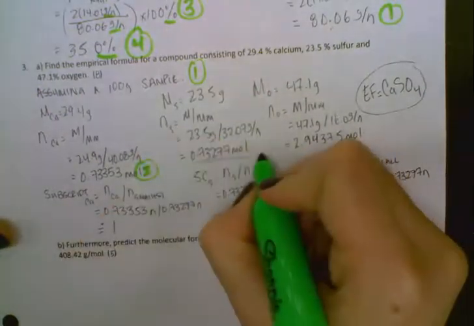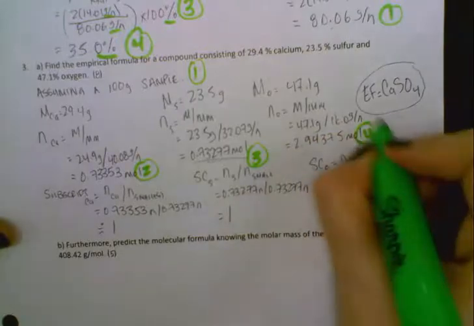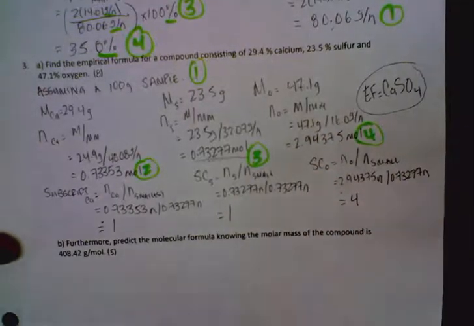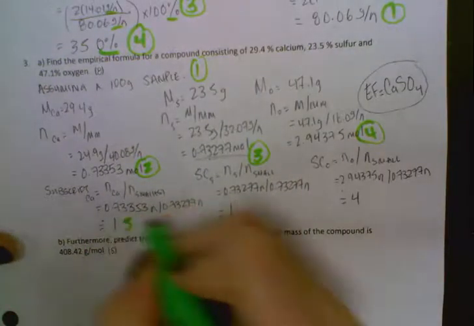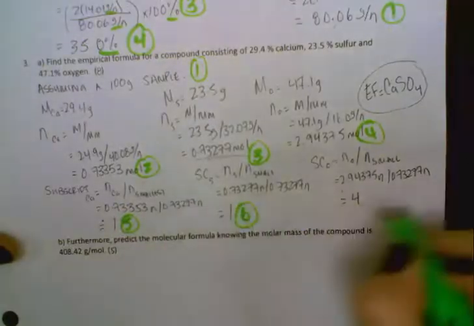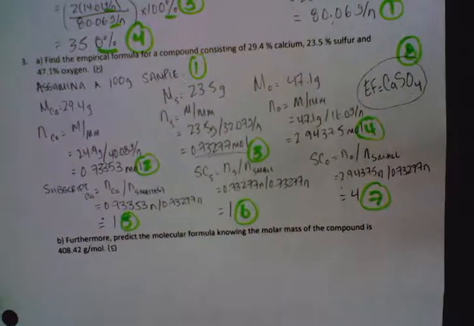You got marks for calculating the 3 mole values correctly. You got marks for calculating the 3 subscripts correctly, and you got a mark for writing the empirical formula correctly. So that's why it was out of 8.